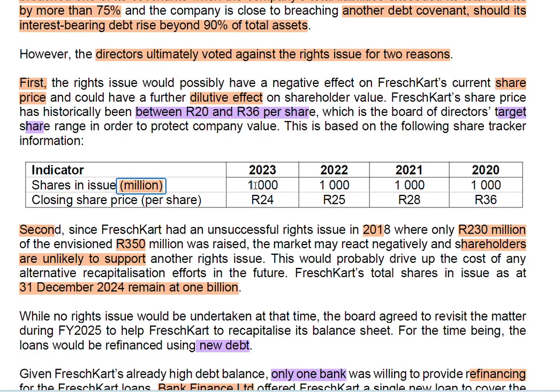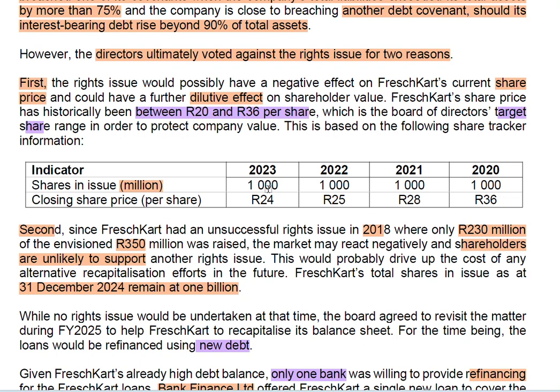They then gave us the information for the share tracker of the company. So this is the number of shares in issue. If you can see, the number of shares in issue has not changed from 2020 until 2023. So basically, they have not issued any additional shares or done any rights issue from 2020 up until 2023.